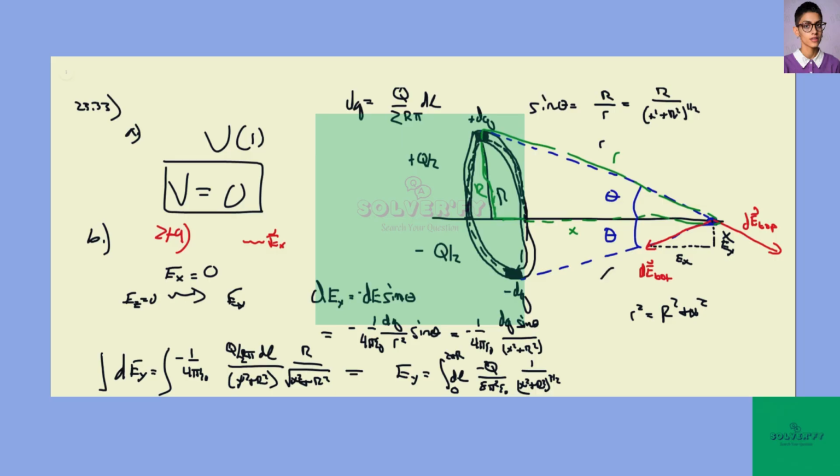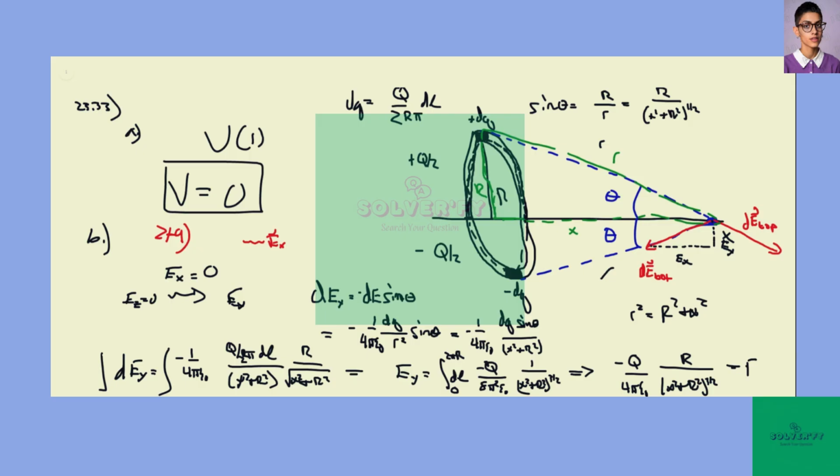Okay, cool. So this just comes out to just integrating l, so this comes out to 2 pi R on top, and we see this is -Q over 4 pi epsilon naught, R over x squared plus R squared to the 3/2.